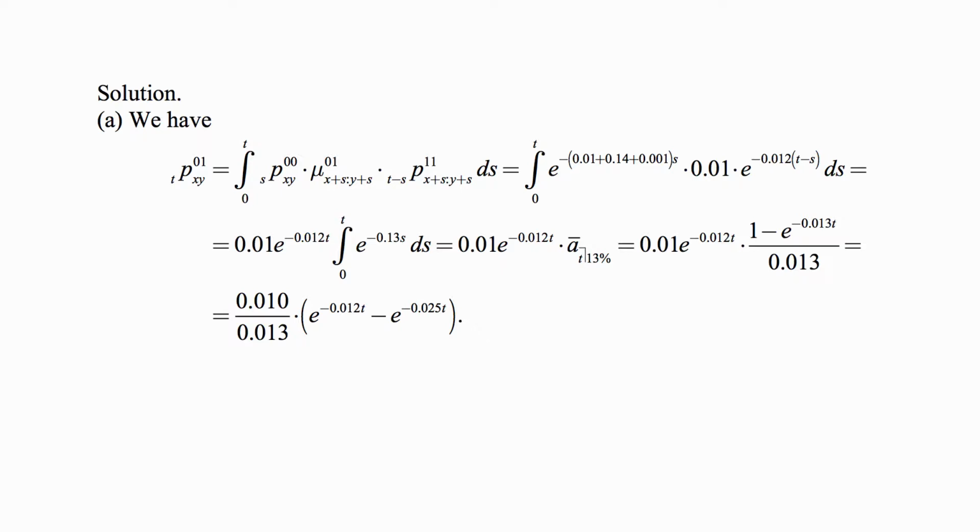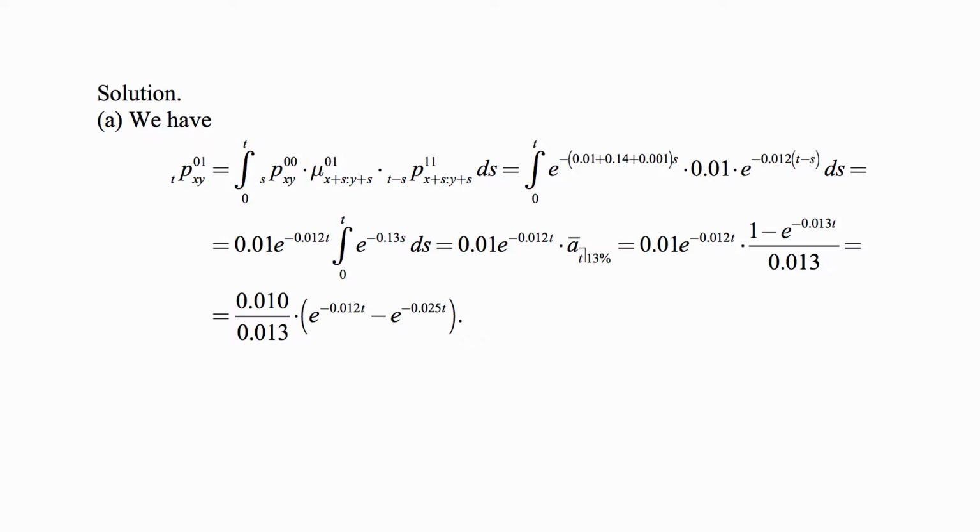Now we pull out the terms that do not have the variable s in them, and what is left inside is e to the minus 0.13 s. So we have the integral from 0 to t of e to the minus 0.13 s ds, and the rest is in front.